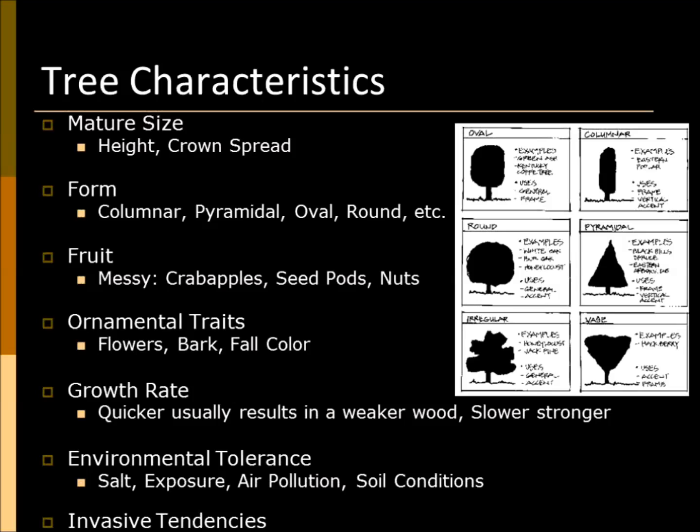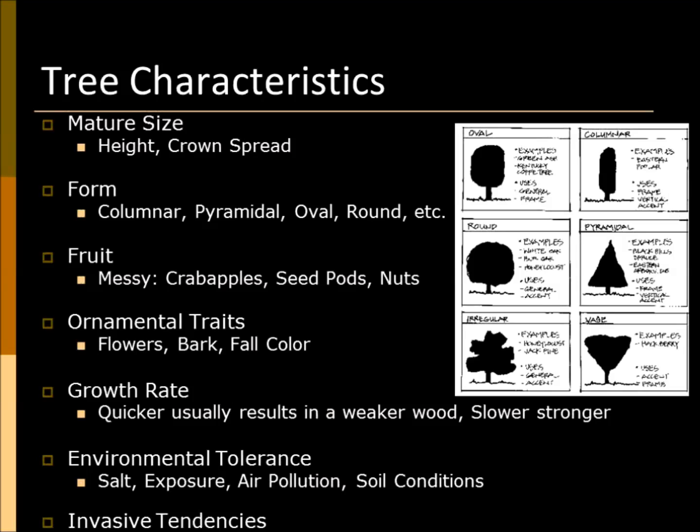Are they messy or not? The crab apple is a big one in Burlington. We have quite a few of those, and I do get a lot of complaints about that. But on the other hand, you can try and select your trees so that they have either less fruit or more persistent, or whatever you can do to minimize this with your selections is helpful.